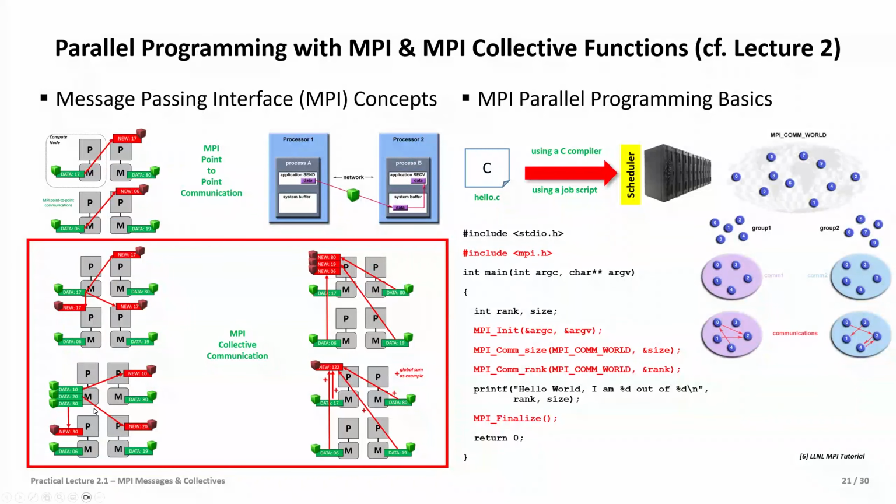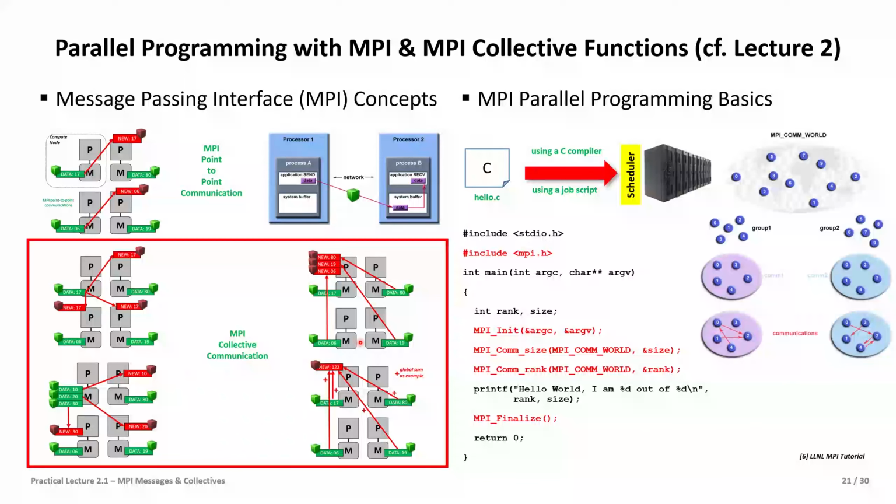Another example, which is often used in practice, is that in a scientific application you would have an array. Here you see data items in this array from these different elements, and then what the scatter is doing, this is a collective communication again, is that you scatter this array to many different processors.